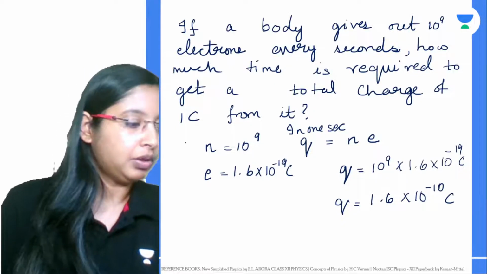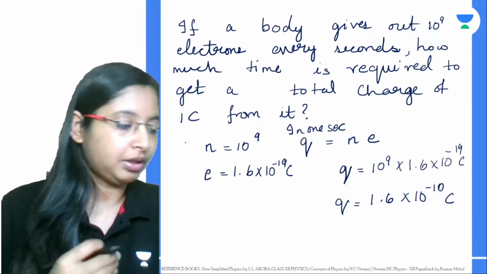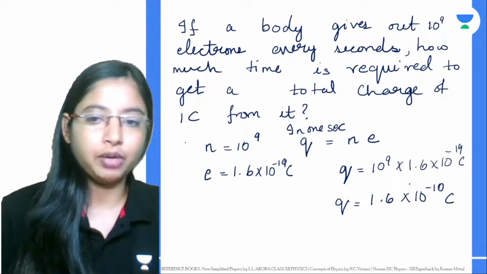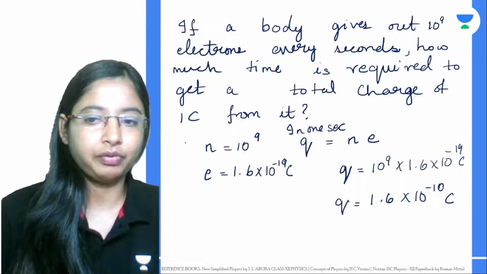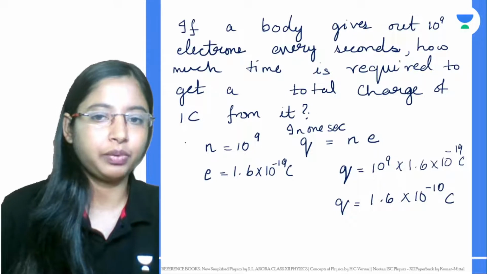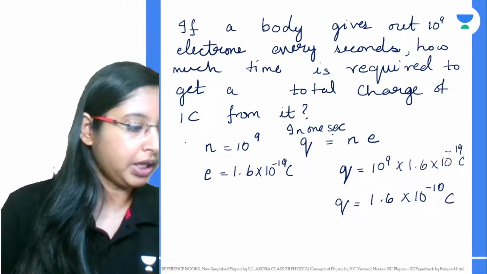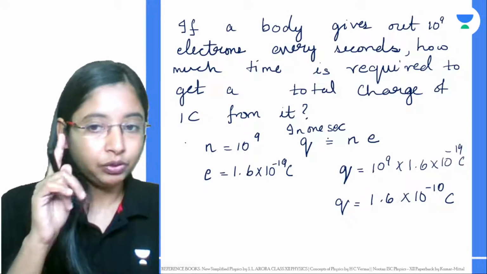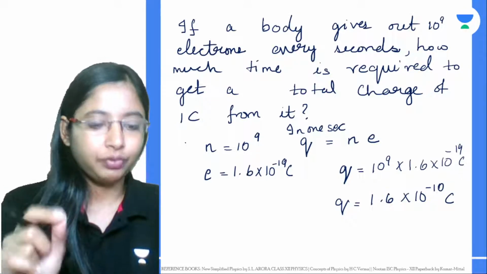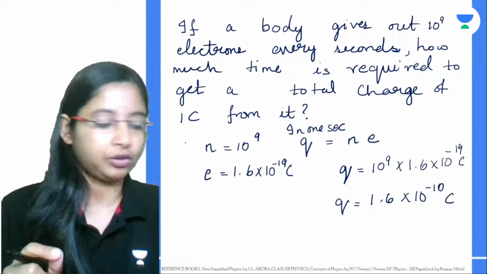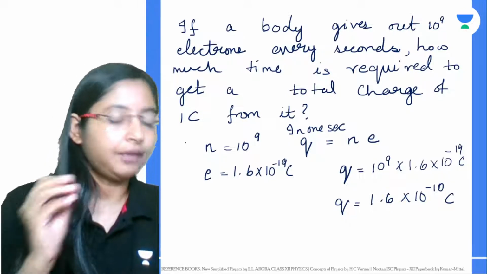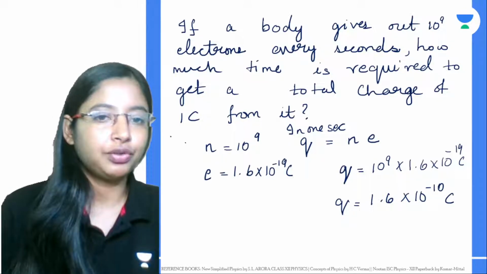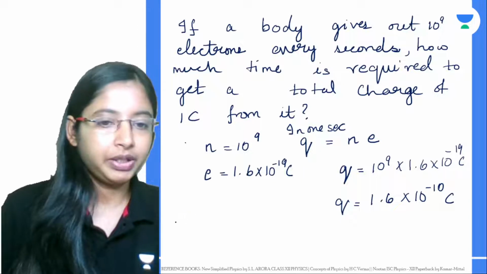Now, what is the time required to get a charge of 1.6 into 10 to the power of minus 10 coulombs? 1 second. In 1 second, we are getting a charge equivalent of 1.6 into 10 to the power of minus 10 coulombs. Now, if we want to get the total charge of 1 coulomb, what will be the time required?